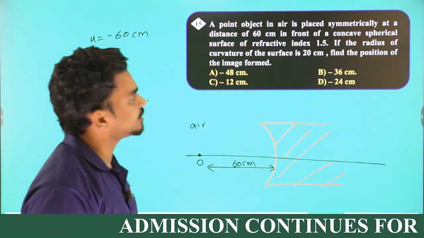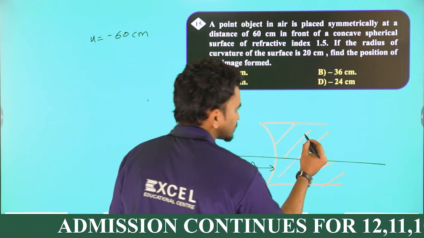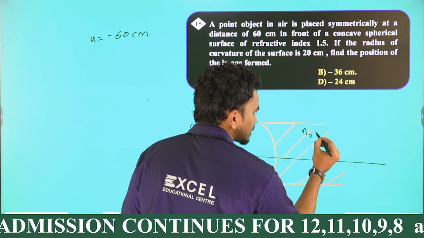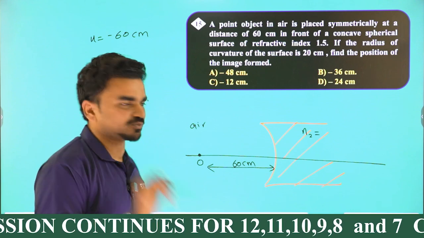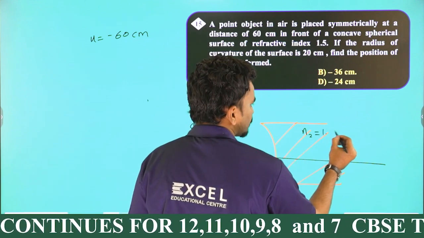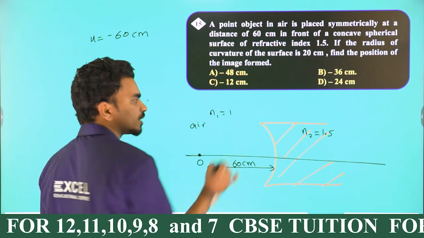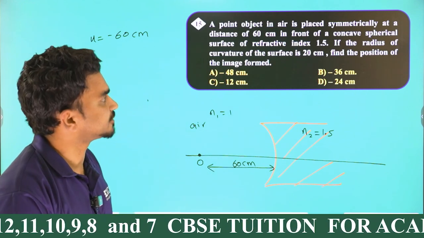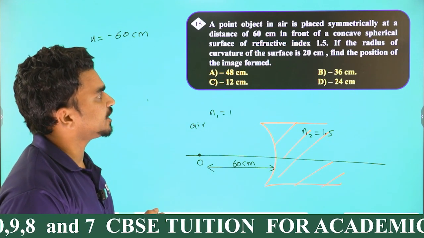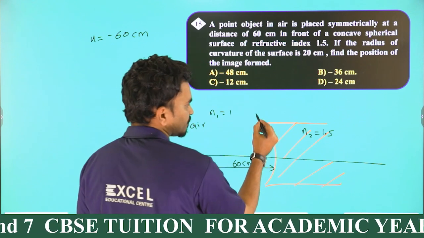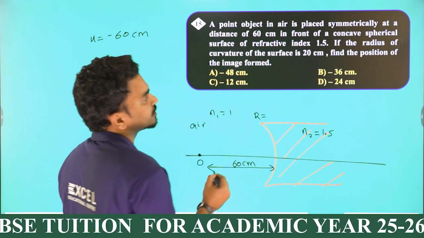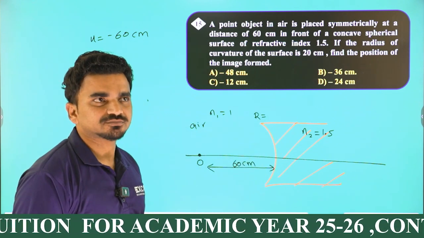Then the refractive index of the spherical surface we call N2, and here it is 1.5. What is the surrounding? Air, so N1 is 1. The radius of curvature is 20 centimeter.